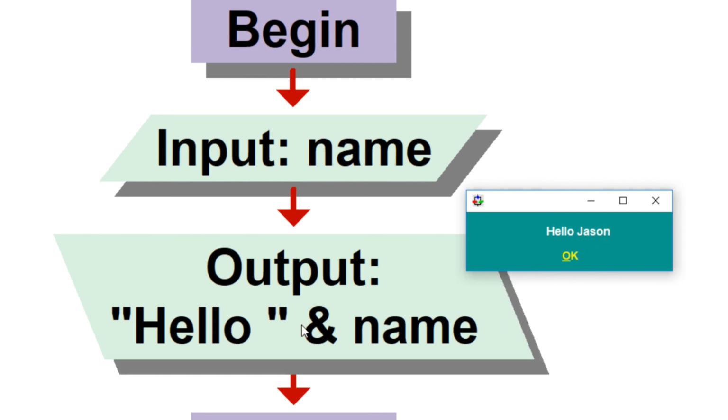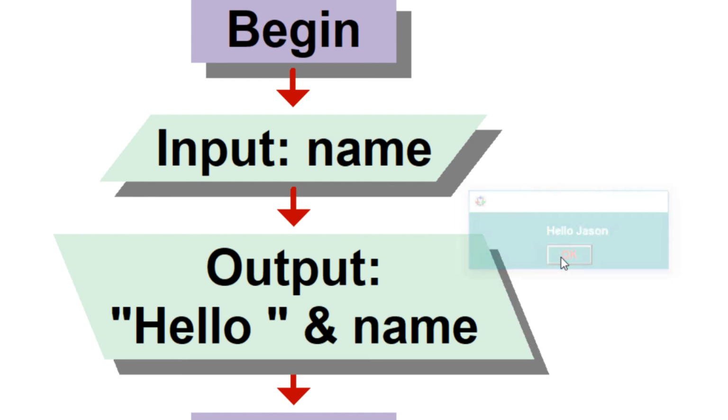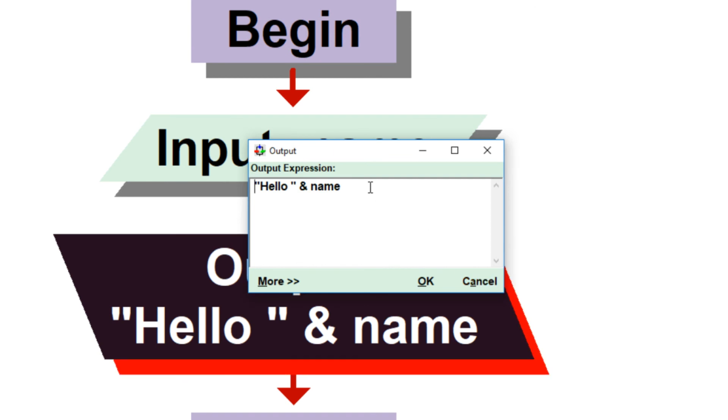Well, why is that? Because here's hello space and double quotes, and the value that I entered that was stored in this variable or in this box was JSON, and this programming block went in and got that value and printed it out to the user. This is a really neat approach to building customized output for our users. You may be wondering, hey, what if I wanted to put an exclamation point because I'm happy?